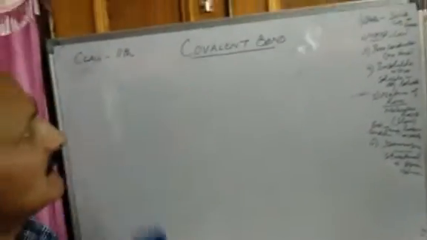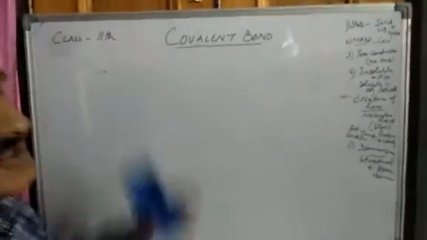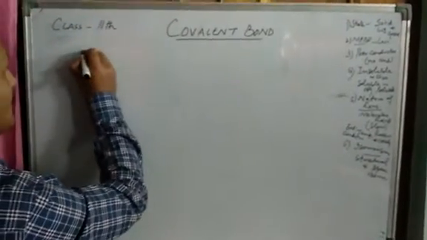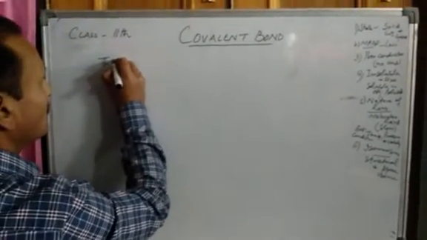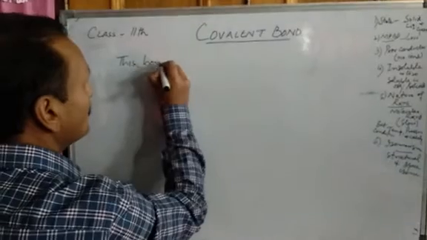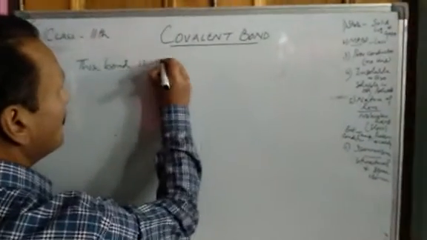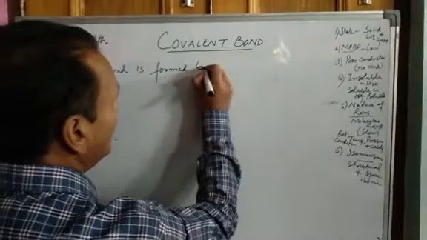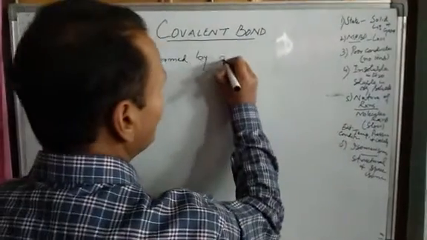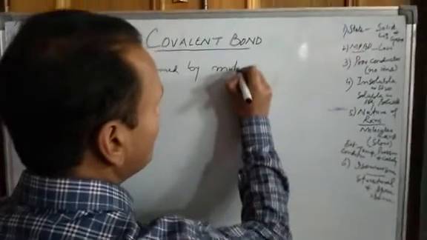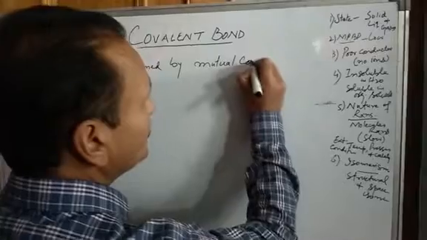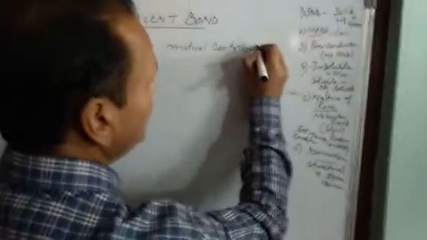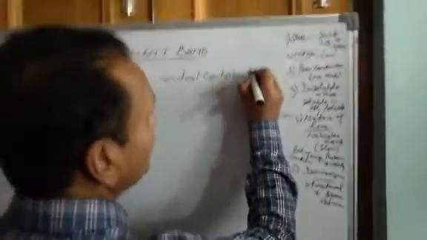So first let us go to the definition of this bond. What this bond is. This bond is formed by mutual contribution. Contribution means that electrons are contributed by the combining atoms.